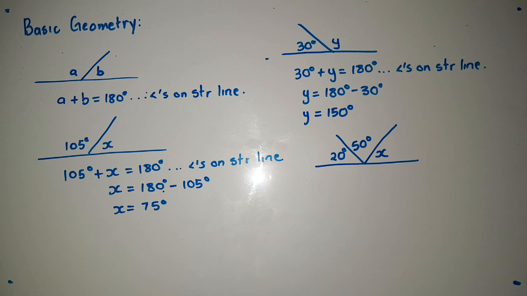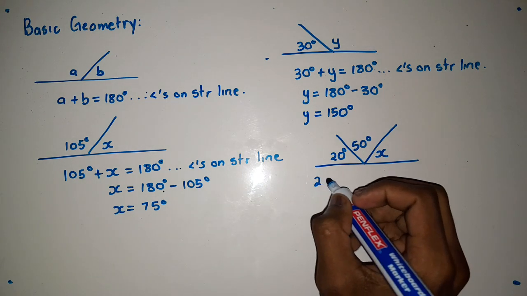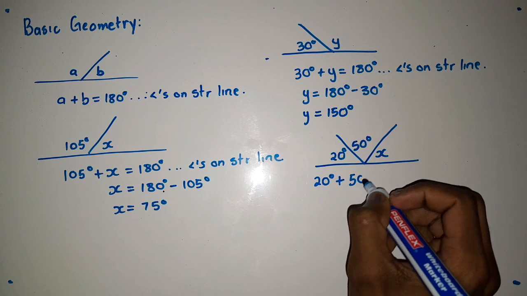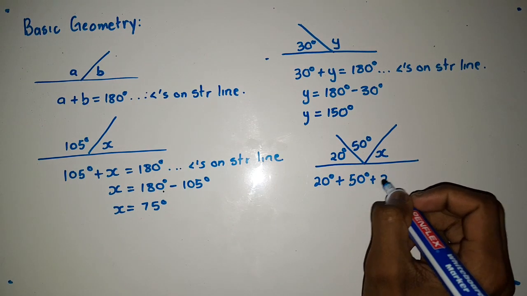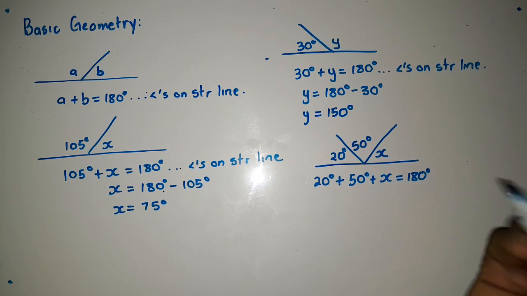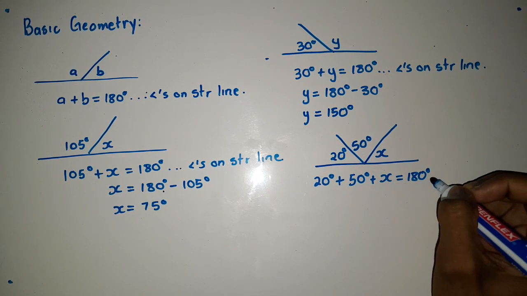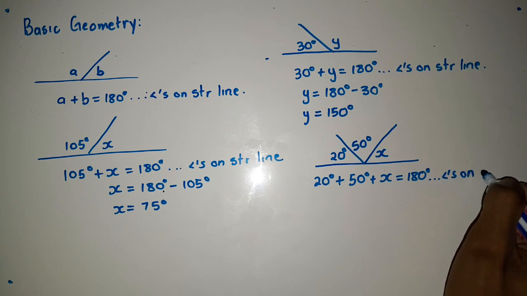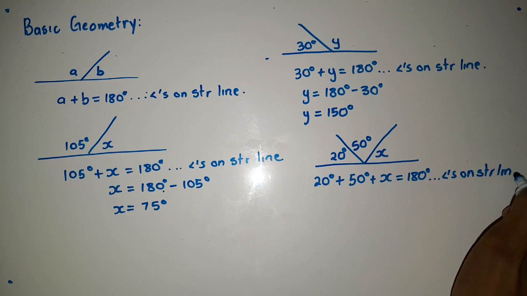You do the same thing. You say 20 degrees plus 50 degrees plus x is equal to 180, angles on a straight line.